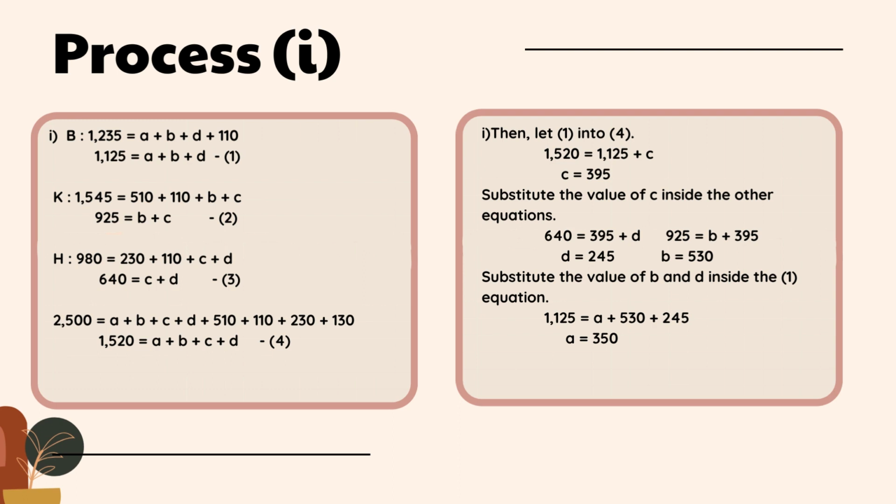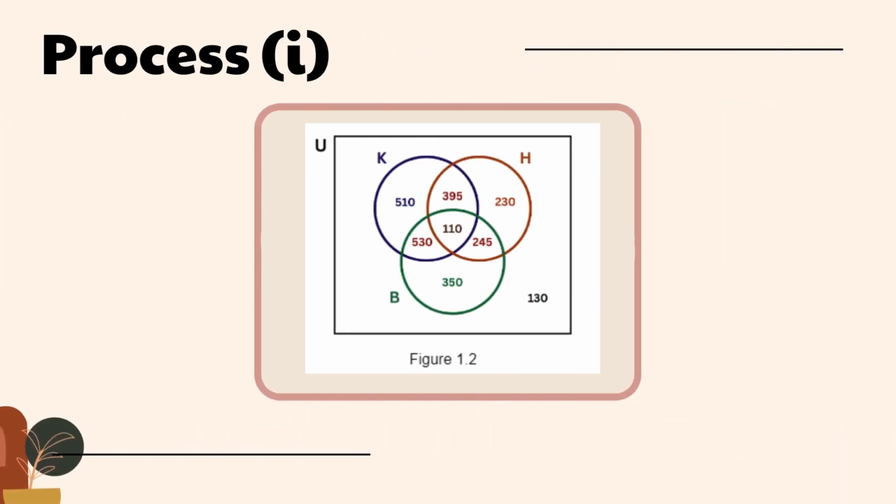We will substitute the value of B and D inside the one equation. So the 1125 equals to A plus 130 plus 225. A equals to 350. The next one can be seen in figure 1.2, which consists of all the numbers that we have calculated.